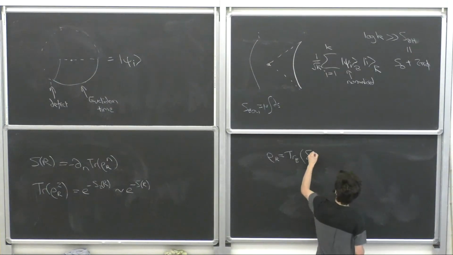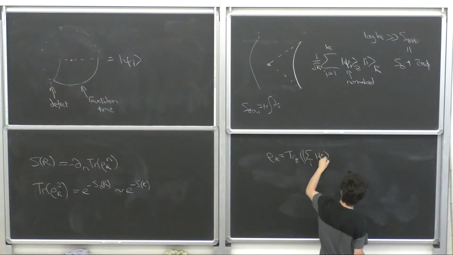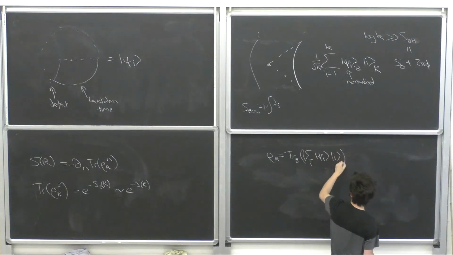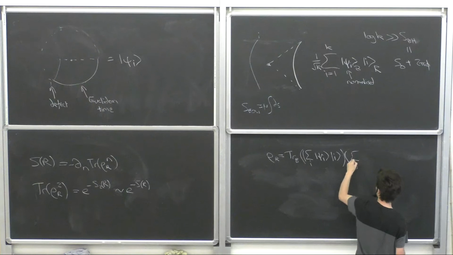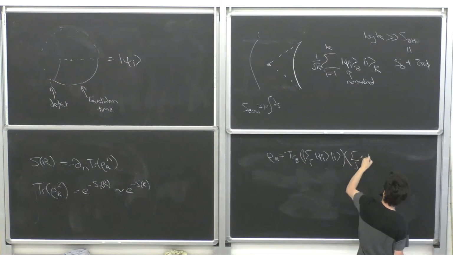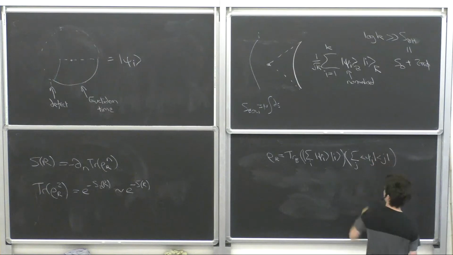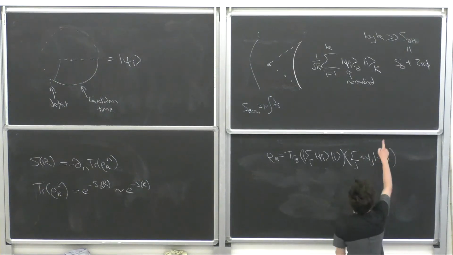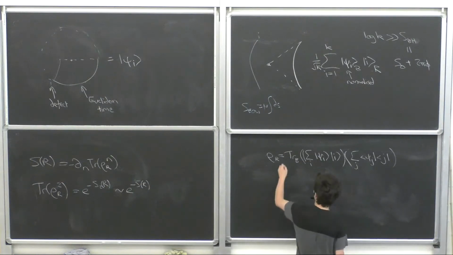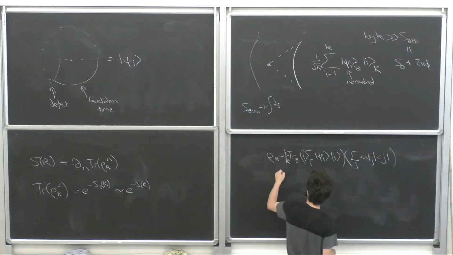Sum over i, psi_i, and then we have a bra, sum over j, psi_j, j, okay, and then we get two factors of 1 over square root k here. So this gives us 1 over k at the front.